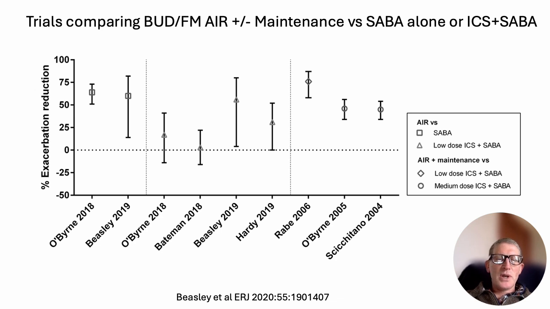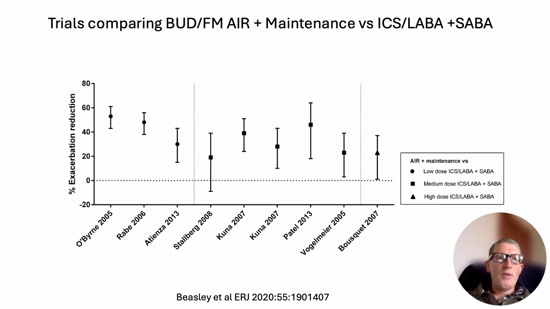And in this case, you can see that there is clear daylight between the bottom end of the confidence interval and the zero dotted line for exacerbations. So here we can see that using AIR plus maintenance is superior to either low-dose ICS or medium-dose ICS with separate SABA.